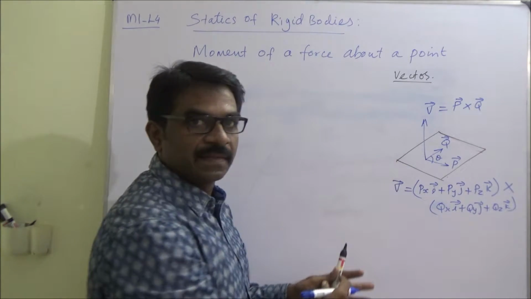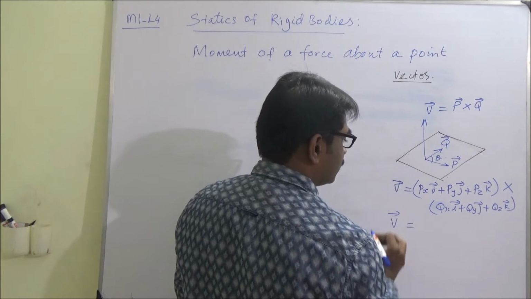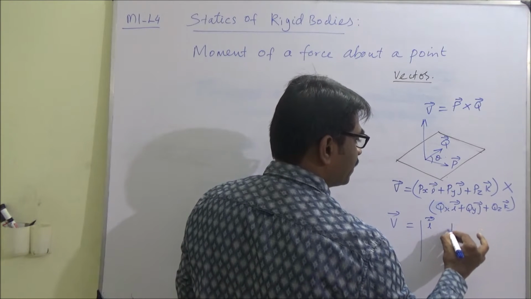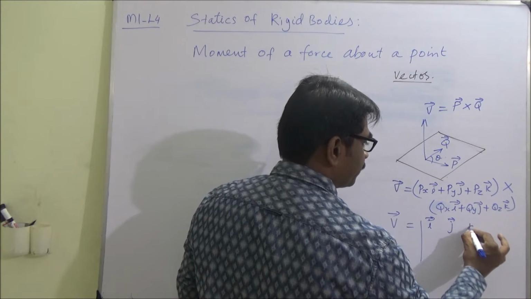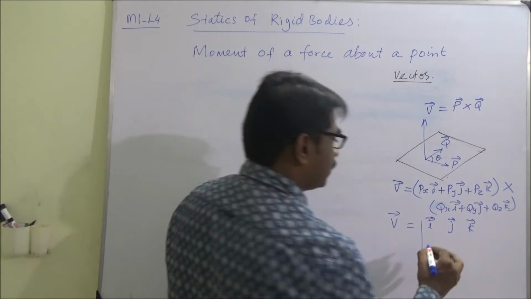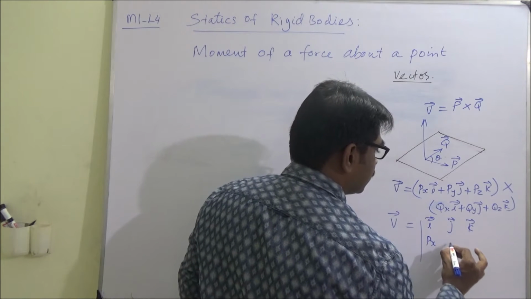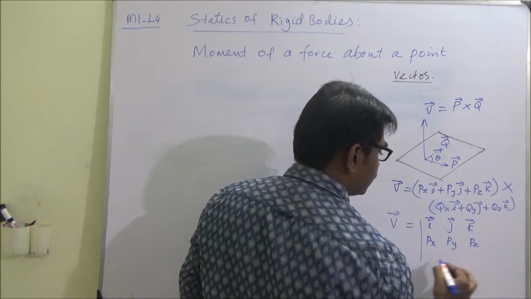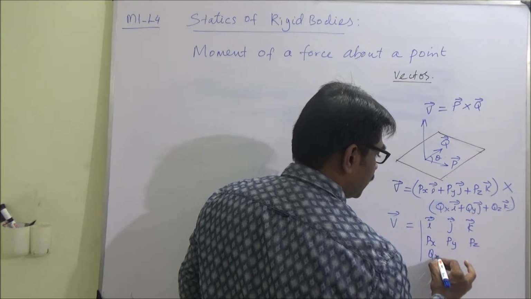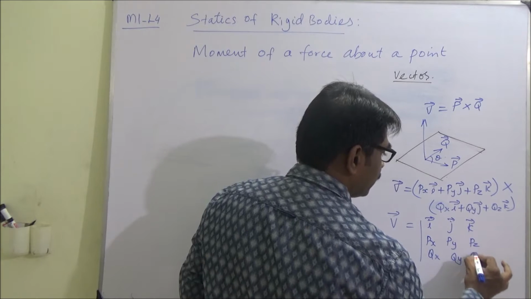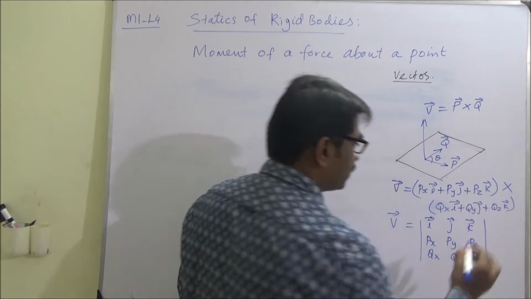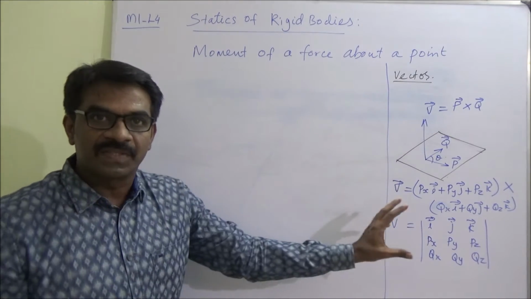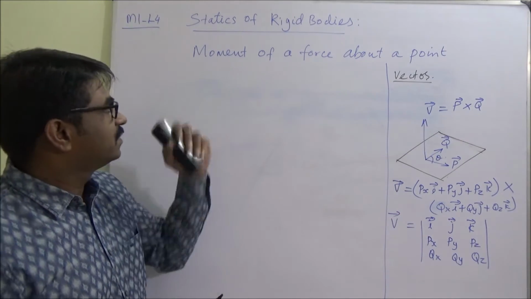If we multiply, finally we get this V vector, which can be represented in terms of a matrix determinant. This is Px, Py, Pz, and Qx, Qy, and Qz. Now we are going to understand the moment.